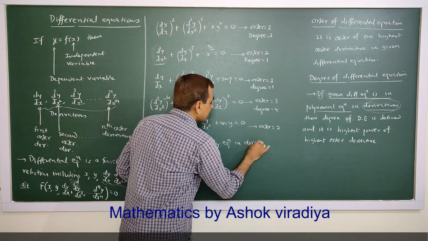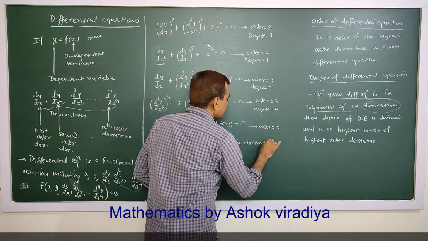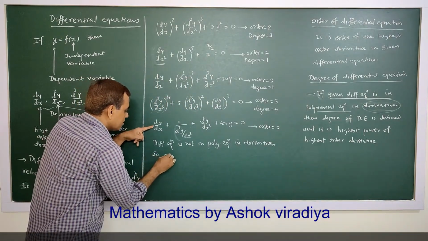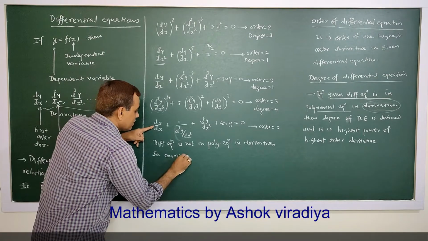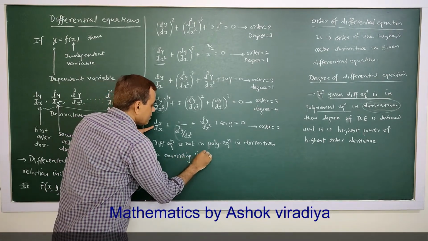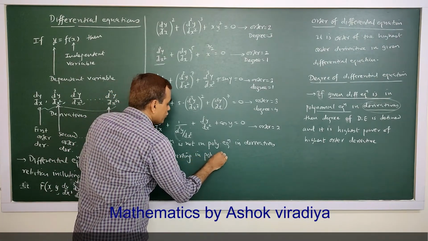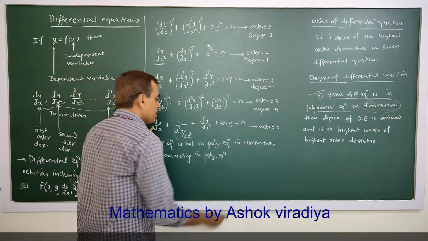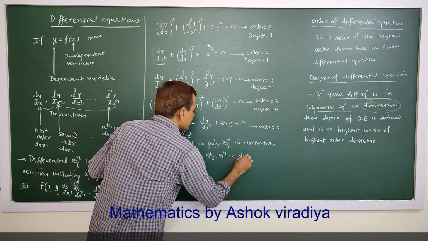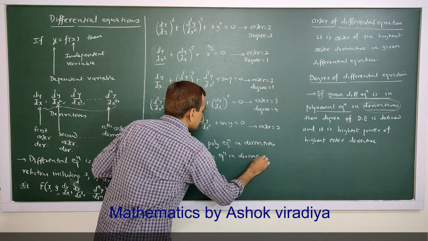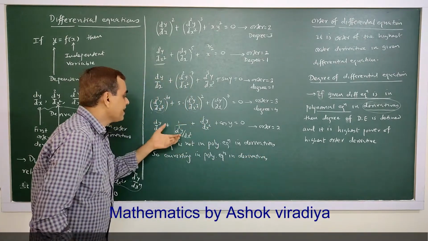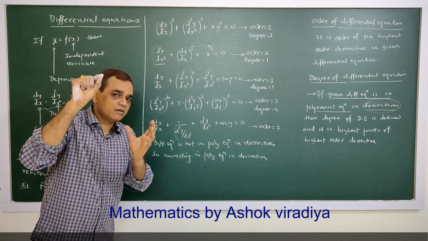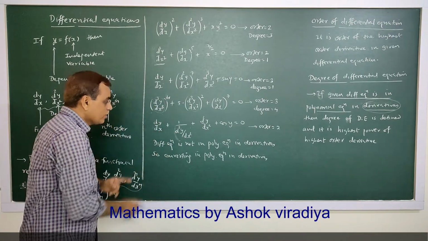Polynomial equation in derivatives. So first of all we convert it into a polynomial equation in derivatives, that means every derivative term must contain a positive integral power. So what do I do here?